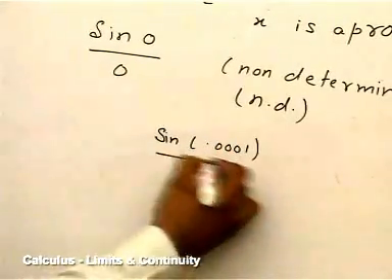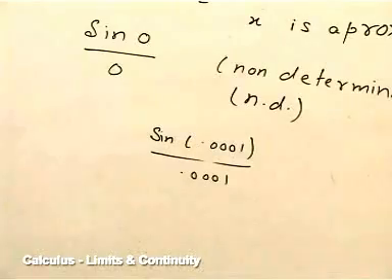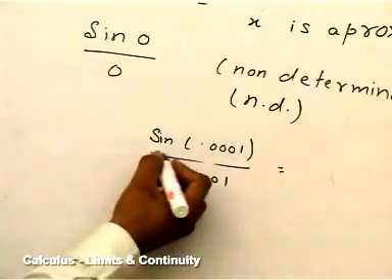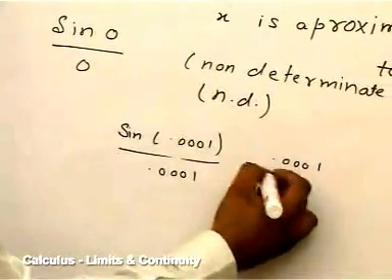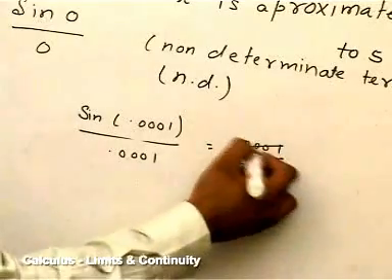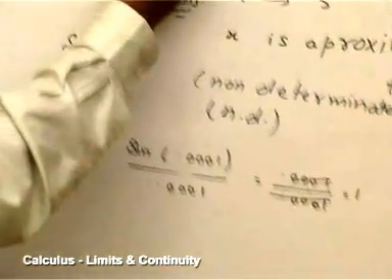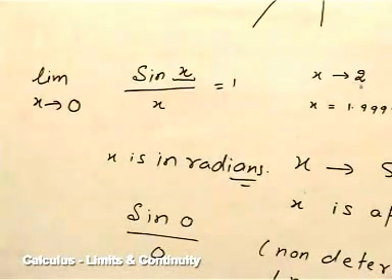Say sine of 0.001 over 0.001. This is very slightly above the 0 value. When we see from the tables, we find this value comes out approximately equal to 0.001. Divided by 0.001, we get 1. So we say that this limit is always equal to 1 when x is approximately equal to 0 but not equal to 0.